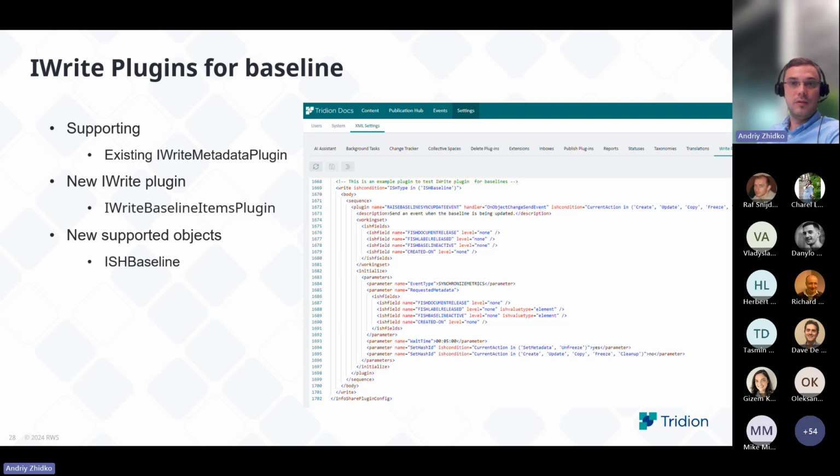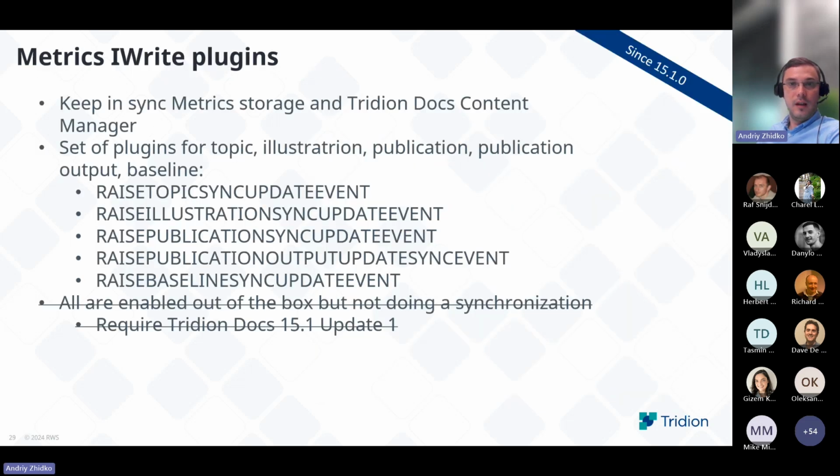We are also introducing a new plugin for baseline items, and the default configuration for plugins is used in the metrics feature. iWrite plugins are responsible as well for keeping the metric storage and Tridion Docs Content Manager in sync. There is a set of plugins for topic, illustration, publication output, and baseline.